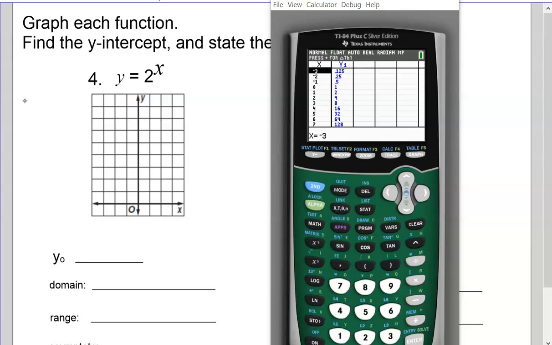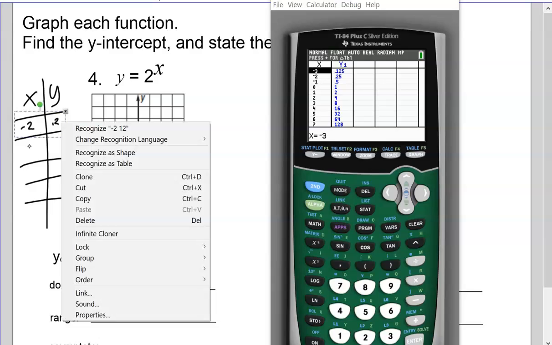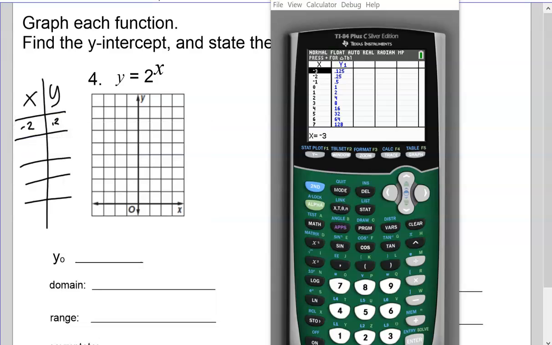Let's get a marker. Let's start copying down some of these values. So maybe I'll do like 5 or 6. So I can't graph 16, 32. So I can't graph those, right? But I could graph 8, 4, 2, 1, half, a quarter. I think I'll start with a quarter. So negative 2, 0.25, negative 1, 0.5.